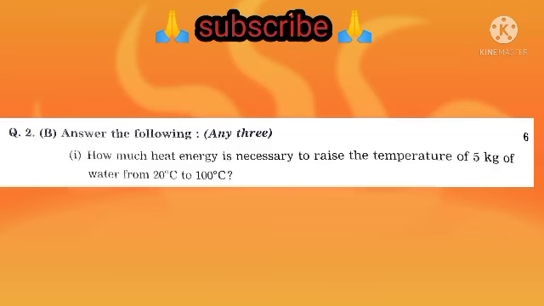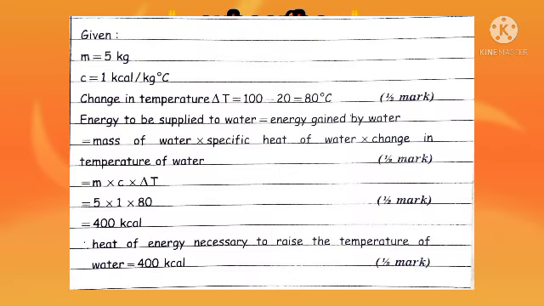Question 2B. Answer the following, any 3. How much heat energy is necessary to raise the temperature of 5 kg of water from 20 degrees Celsius to 100 degrees Celsius? Given m is equal to 5 kg, c is equal to 1 kilocalorie per kilogram degree Celsius, change in temperature is equal to 100 minus 20, which is 80 degrees Celsius.